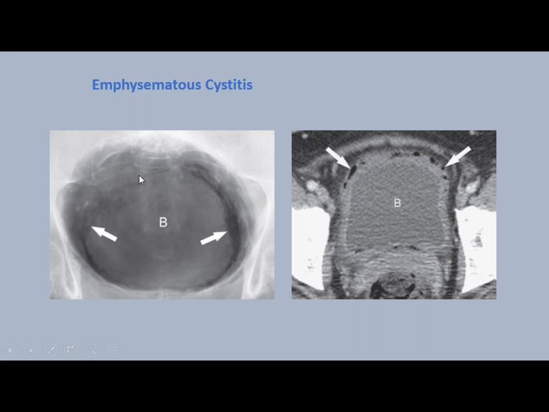On this conventional study, there is a radiolucent halo in the urinary bladder wall, and on CT there is also localization of the gas in the wall of the urinary bladder, representing emphysematous cystitis.